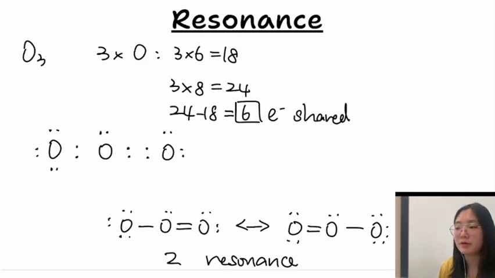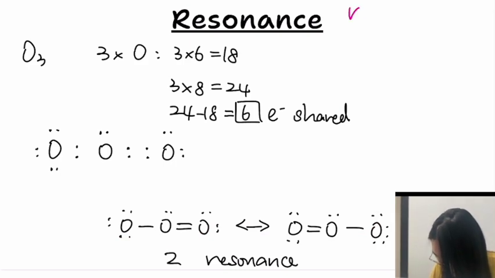Eventually, when you actually observe an ozone molecule in nature, you will see that the two oxygen-oxygen covalent bonds are of the same length, which means that in nature, they don't differentiate between a single bond and a double bond. In nature, they take this resonance hybrid structure, which is an average of these 2 resonance structures.